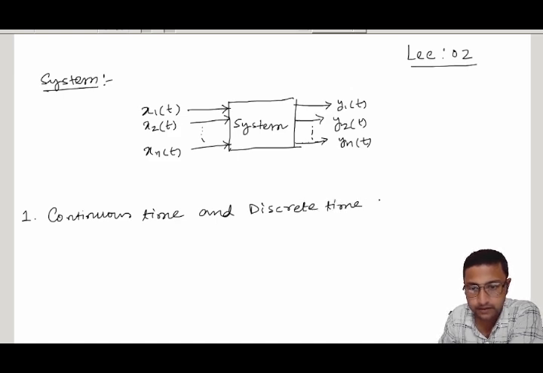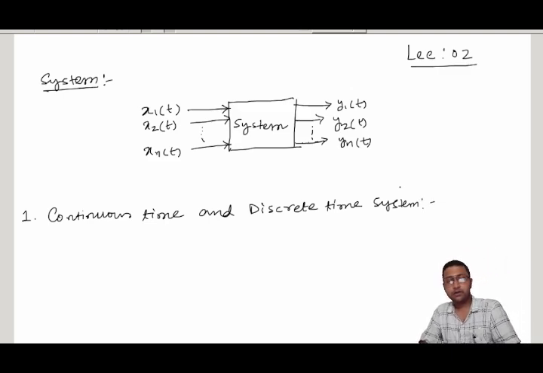A continuous time system accepts only the continuous time input signal and produces the corresponding continuous time output signal. On the other hand, the discrete time system converts the discrete time input signal to discrete time output signal. That is the simple concept of continuous time system and discrete time system.